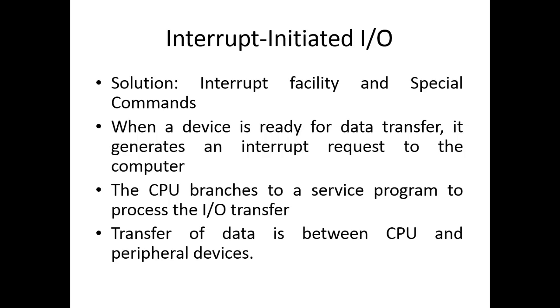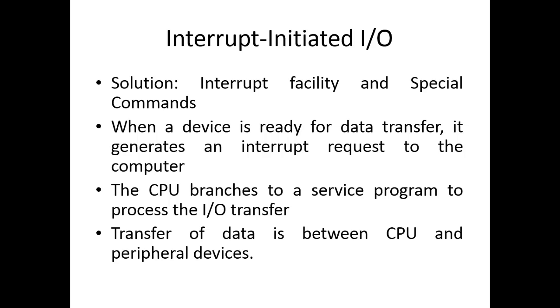So here the transfer of data takes place again between the CPU and peripheral devices. Some memory reference instructions are needed so that the data can be forwarded to the memory unit at the required memory locations.